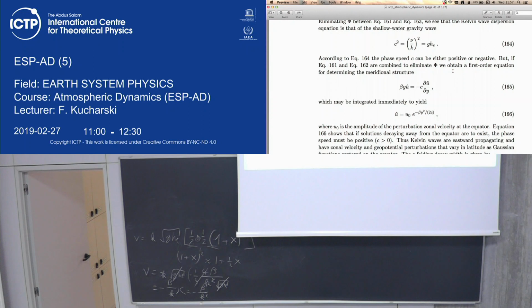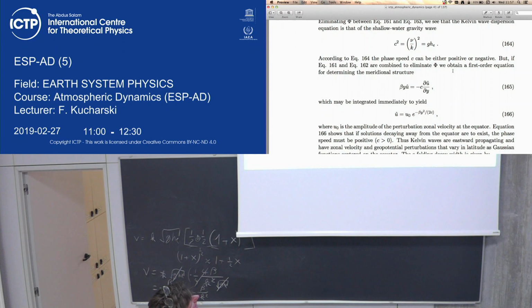Because if it's negative, then this grows exponentially from the equator, which should not be the case according to our theory, because we know that the theory breaks down in that case. So we can only allow solutions for c positive. And these are our Kelvin waves.